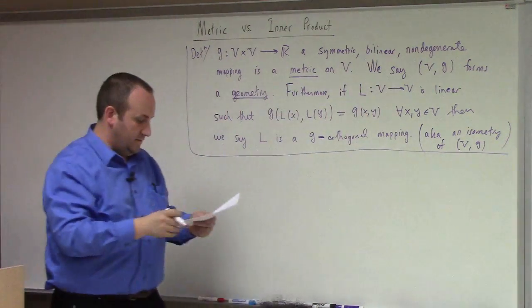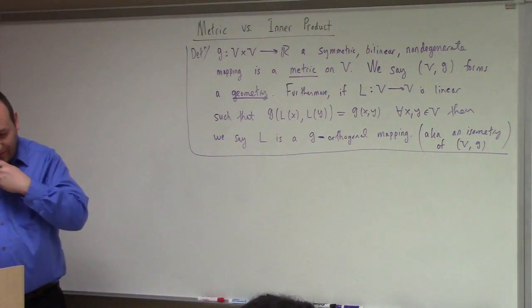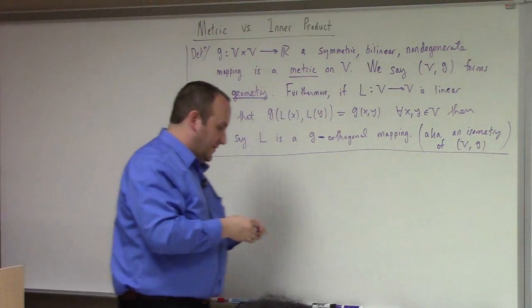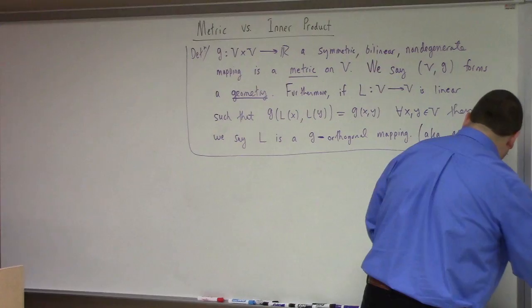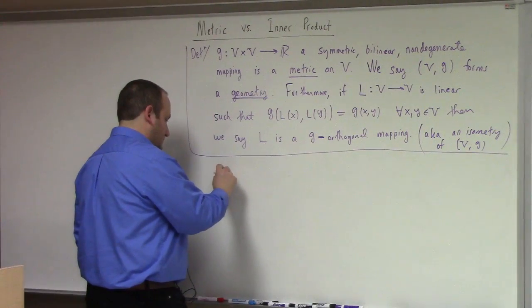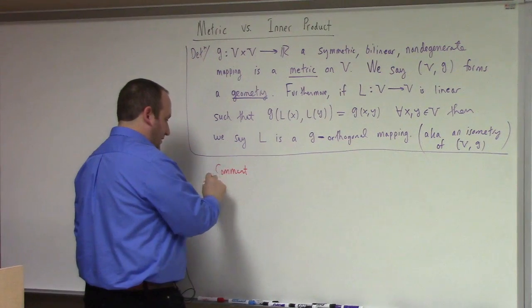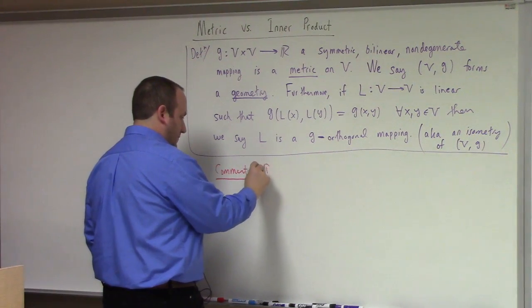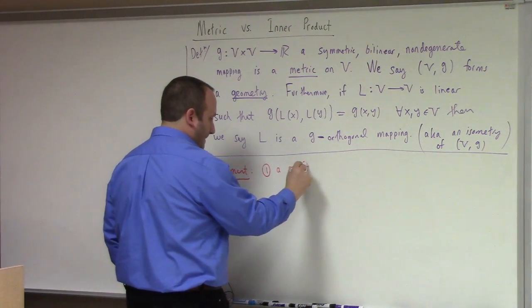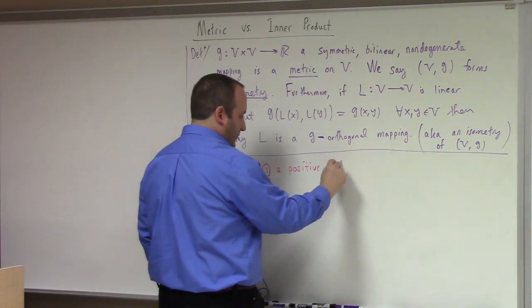All right. Now, with that set, I can tell you clearly what a metric is. What an inner product is. What is an inner product? Couple comments. One, a positive definite. In other words, what's that condition?